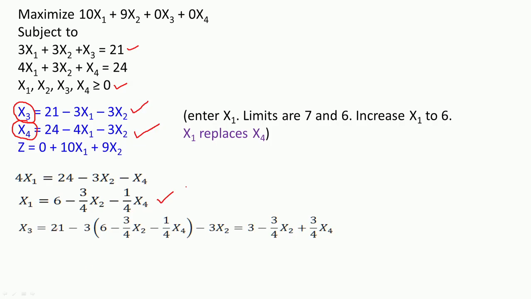So, when we do this simplification, we will get x3 is equal to 3 minus 3 by 4 x2 plus 3 by 4 x4. 21 minus 18 will give that 3.